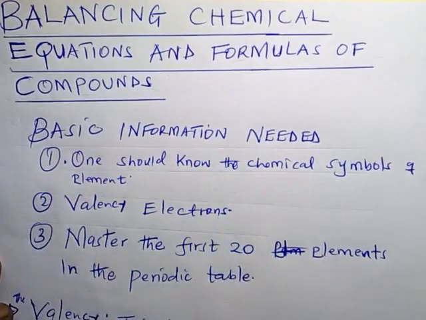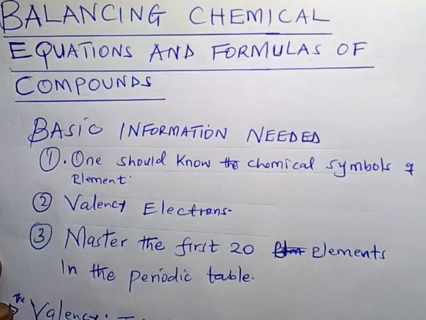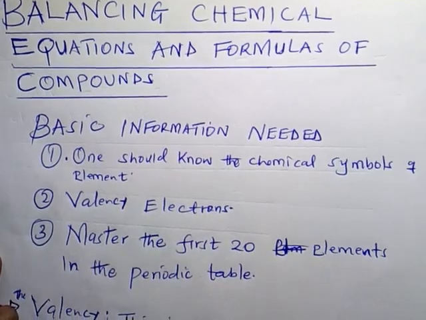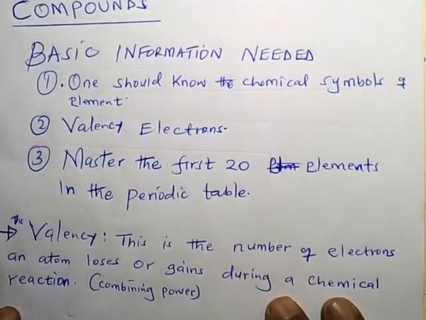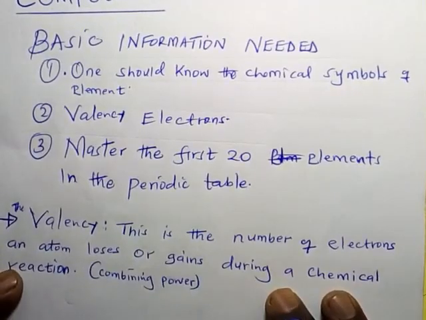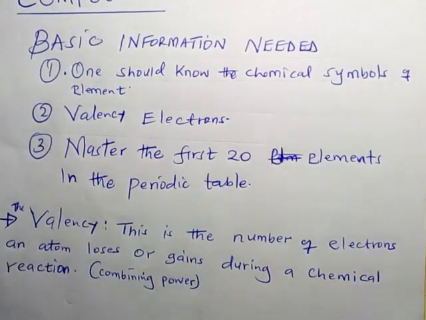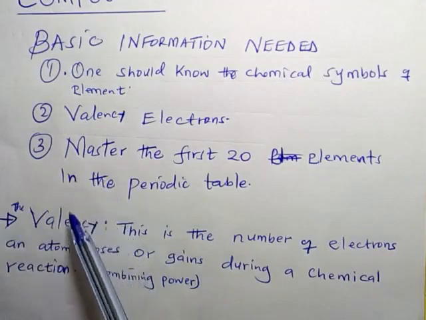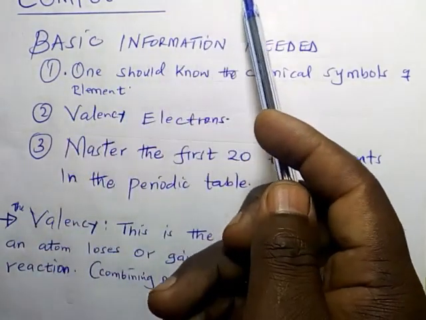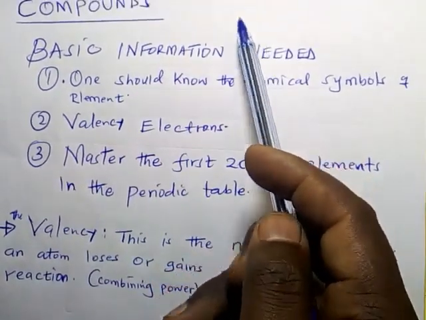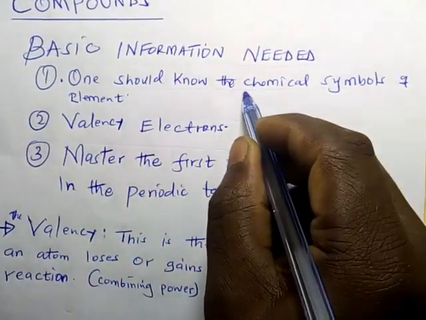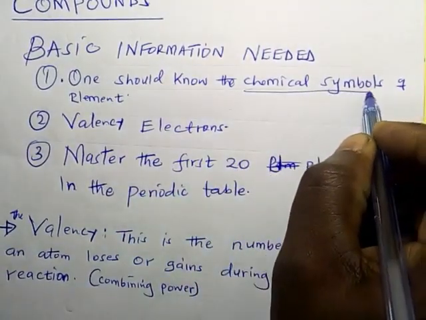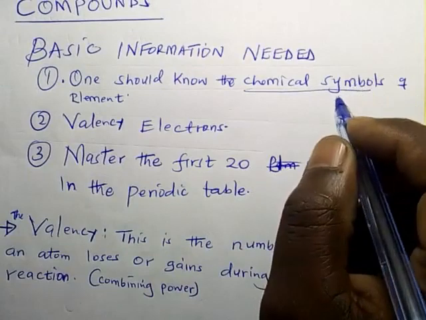If you do not have that basic information, even if I took you straight to balancing of equations and writing chemical formulas, I may not be of help. So let me take you through some basic information. For you to be able to write the chemical formulas correctly, you must have the chemical symbols at your fingertips.